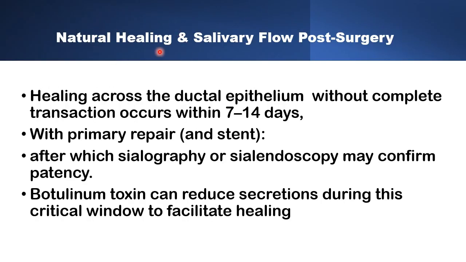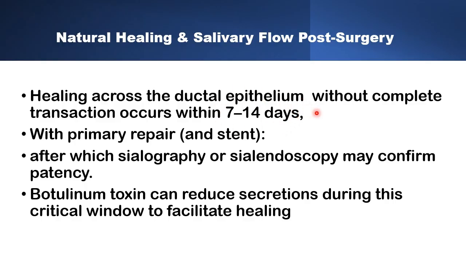The natural healing of the parotid duct is usually quite prompt, so that if the duct itself is injured without complete transection, it may heal within a week or two.